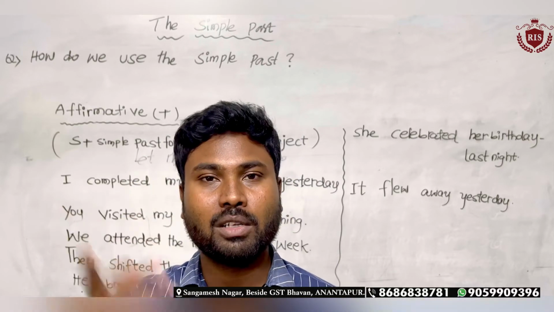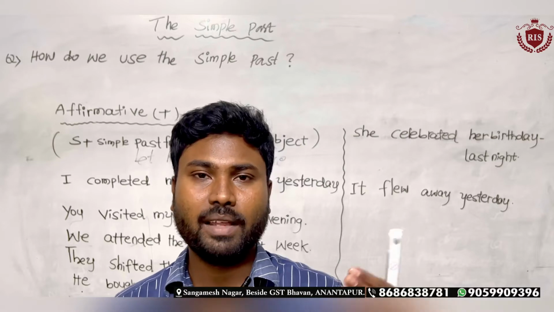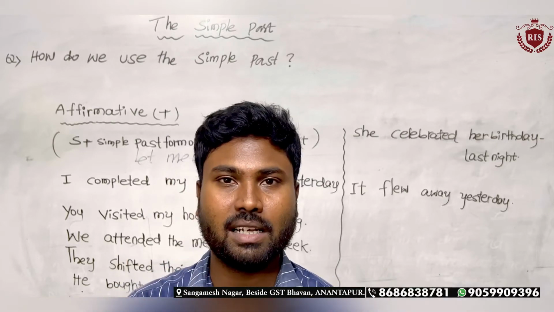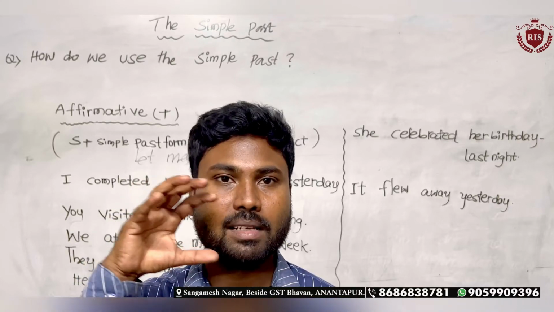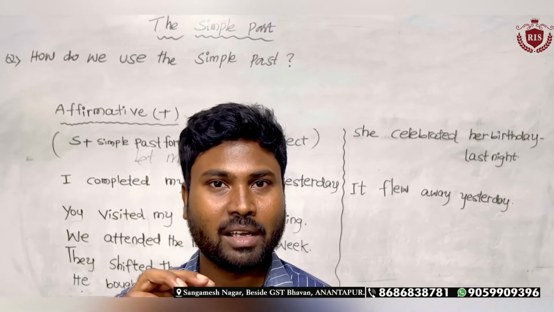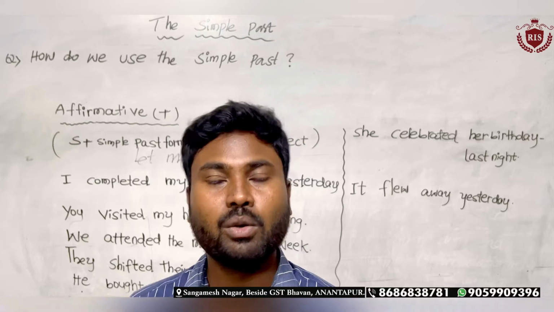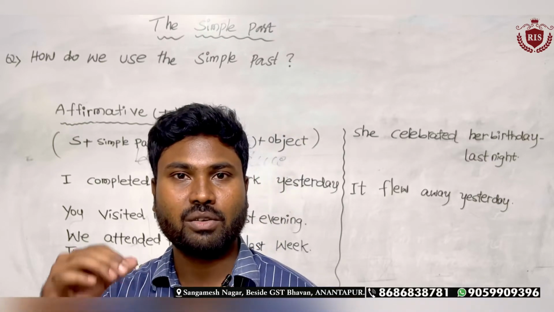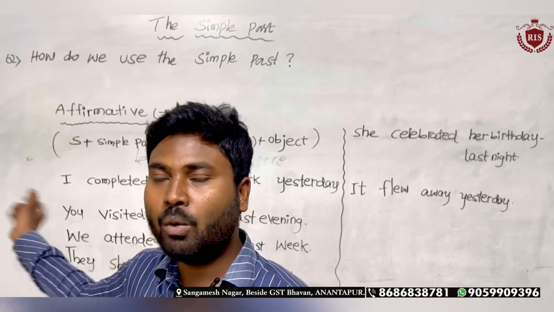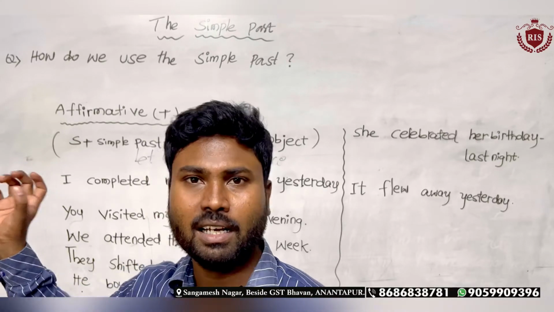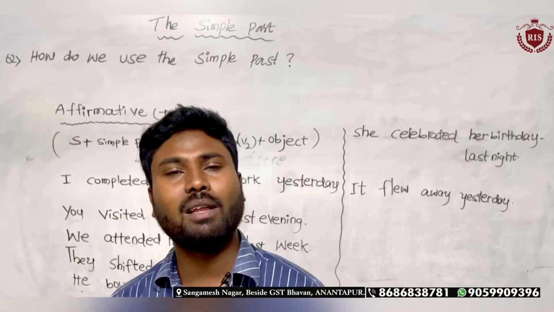But if you talk about the simple present, there we have two different auxiliaries, and each is applicable only for certain pronouns. I, you, we, they take only the do auxiliary, and he, she, it take only the does auxiliary, right? There are two auxiliaries there, but here we have only one auxiliary, that is did, and we use it for all the pronouns.